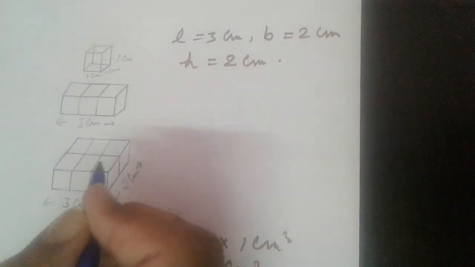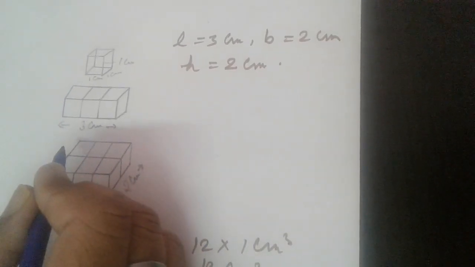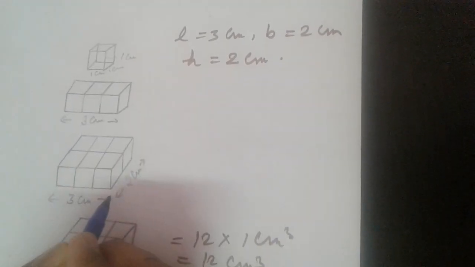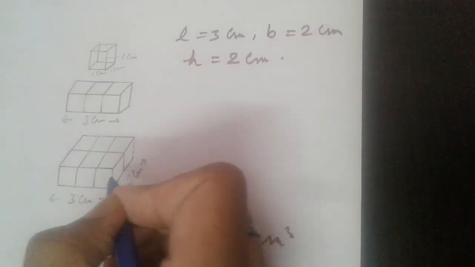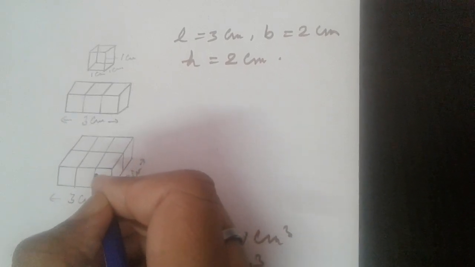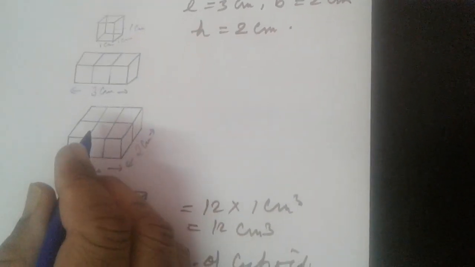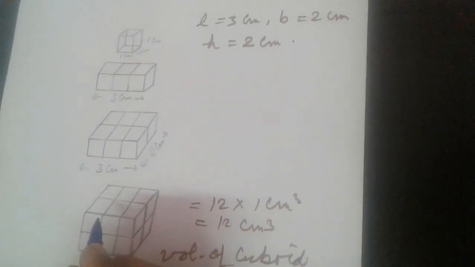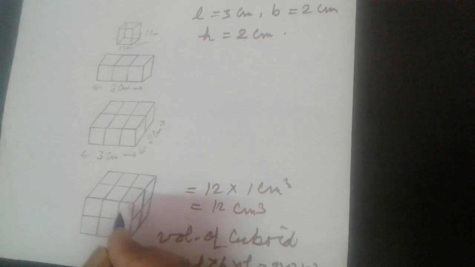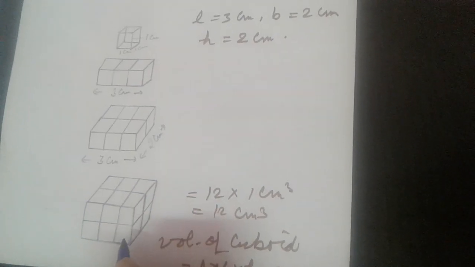Behind this we will place another 3 cubes of 1 centimeter cube. Now the length of the block is 3 centimeter, breadth is 2 centimeter and height is 1 centimeter. Over these cubes we place more cubes so that height of complete block becomes 2 centimeter.